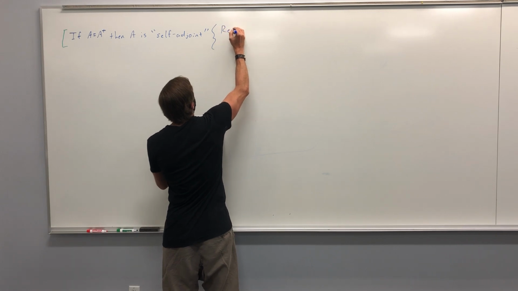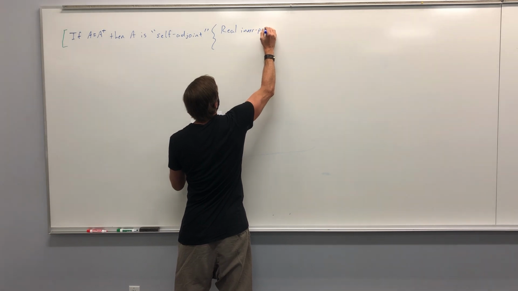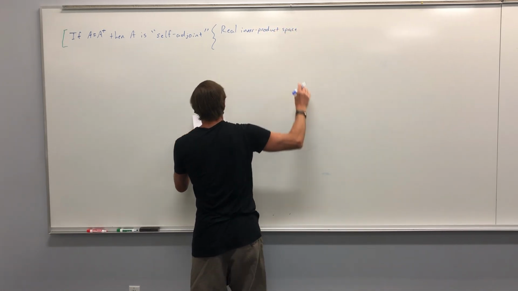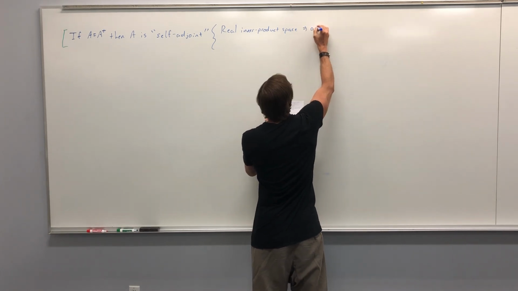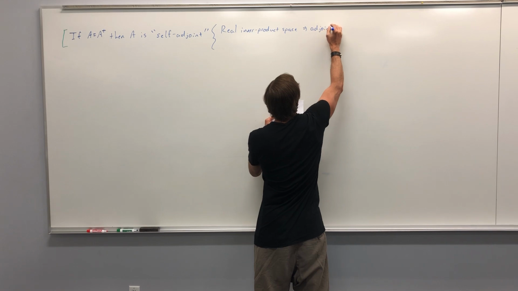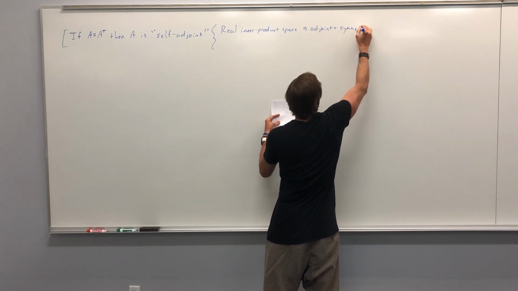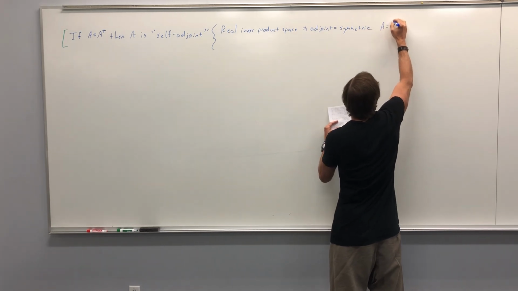If you are working on a real inner product space, then self-adjoint equals symmetric. That is, A equals A transpose.